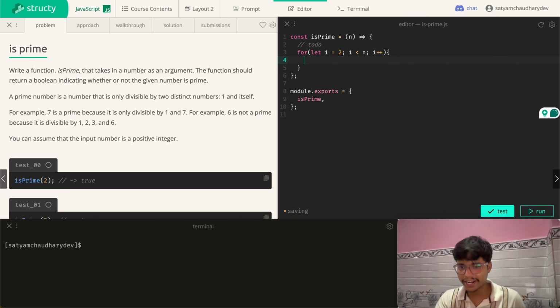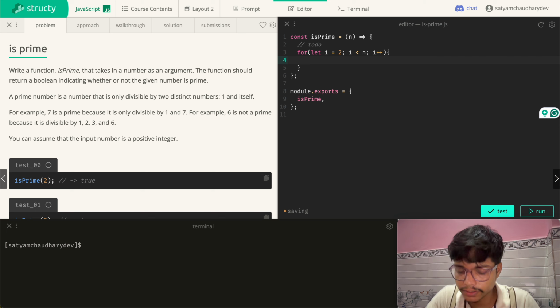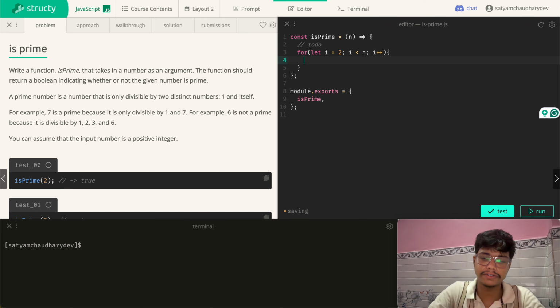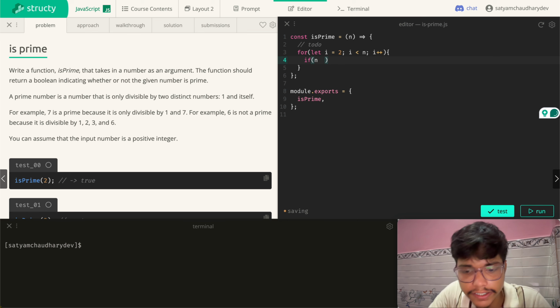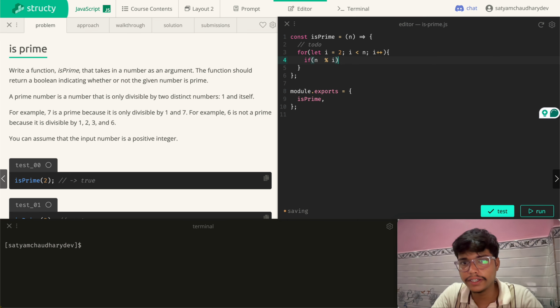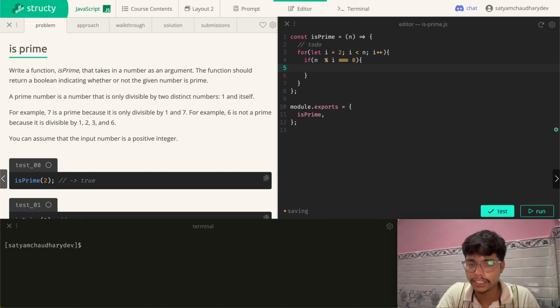Now we just need to add a condition. To check if a number is divisible by a given number, we can use modulo, which just gives us the remainder. If the given number n modulo i is equal to 0, that means it is divisible, so this is not a prime number.